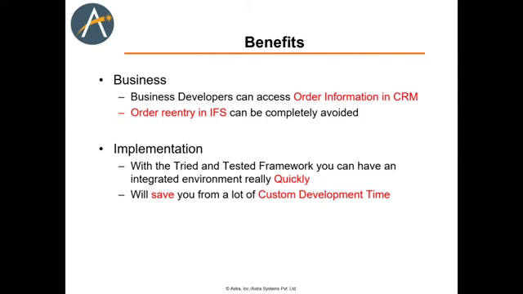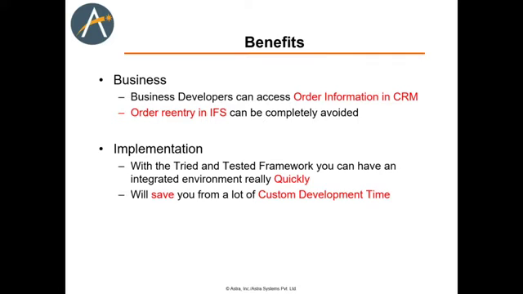Once we did all of this, what did they get out of it, right? They were happy that their business developers could now use the order information that is in IFS and see it in CRM. So they didn't have to give logins to business developers, or the developers did not have to call somebody to get information. The order information was there in the CRM system for them to access.